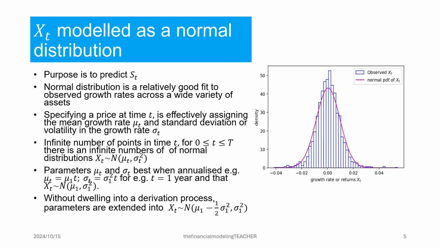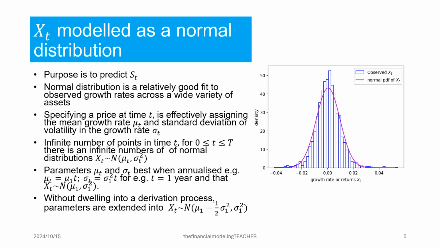So our parameters mu_t and sigma_t squared will simply be mu_1 for year 1 multiplied by t itself, and sigma squared multiplied by t itself. Now the mu can actually be adjusted by introducing this half sigma squared.